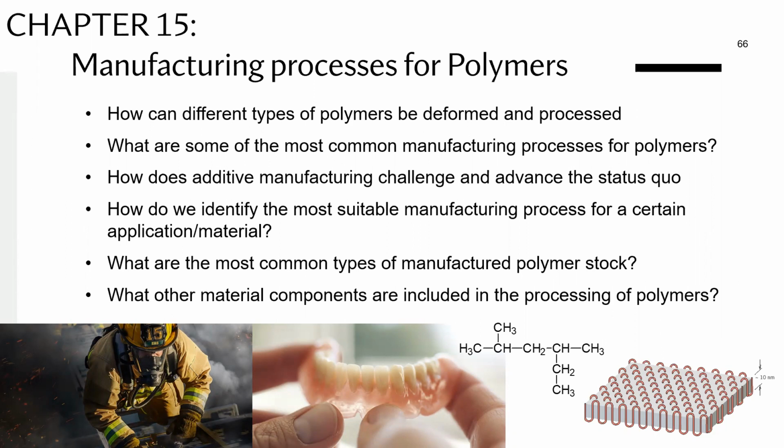What sort of general geometries can we obtain? And of course, at the end, we're going to look at some of the additives that are used in polymer manufacturing, material that we add and mix into the polymer to improve its properties and also offer some useful aspects throughout the process.